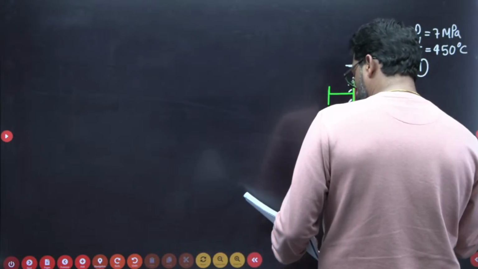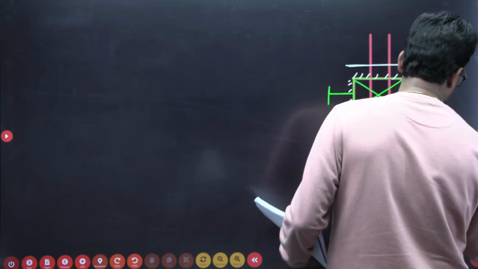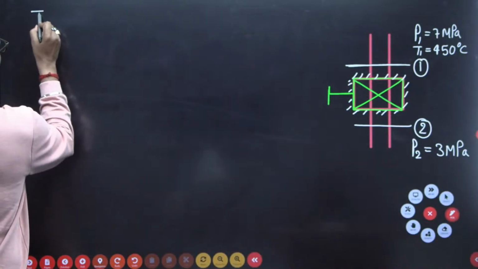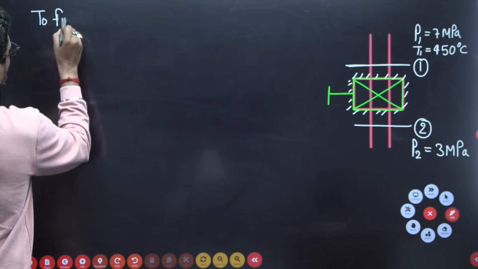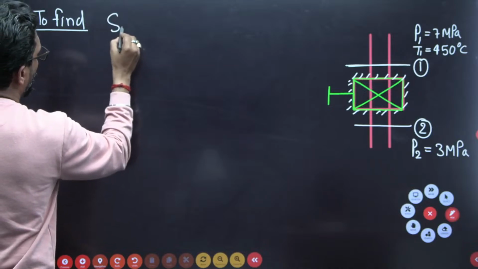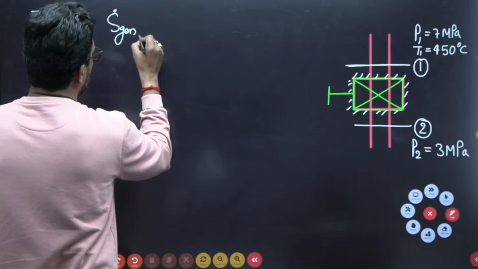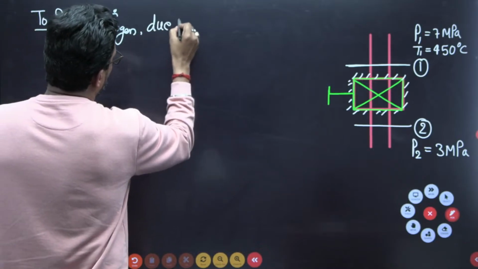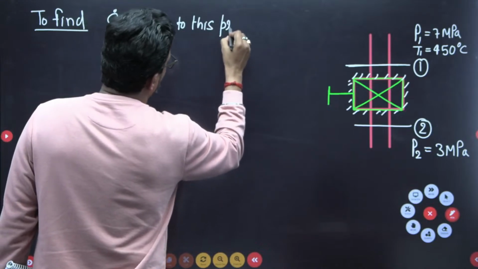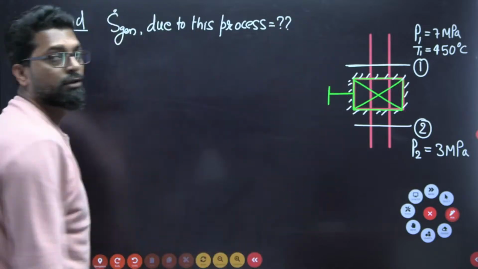Now at this point you have a pressure P2 of 3 megapascal. Now we have to find the rate of entropy generation due to this process.